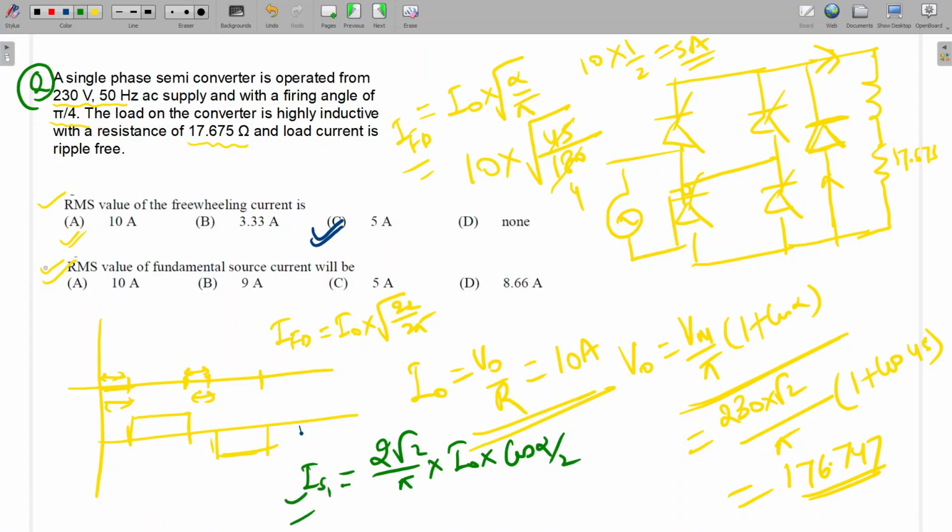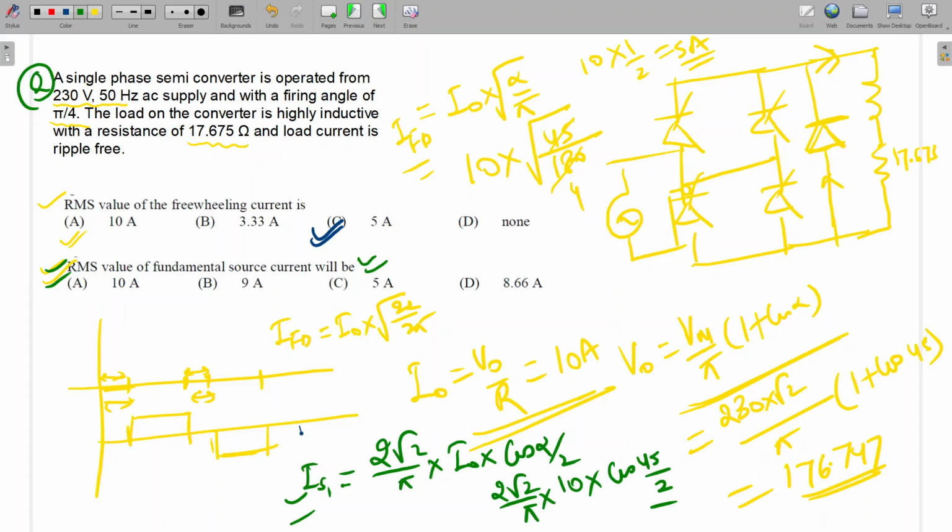For this question, the RMS value of the fundamental source current will be 2 root 2 upon pi into I naught, which is 10, into cos 45 by 2. This will be the value of the RMS current of the fundamental source current.